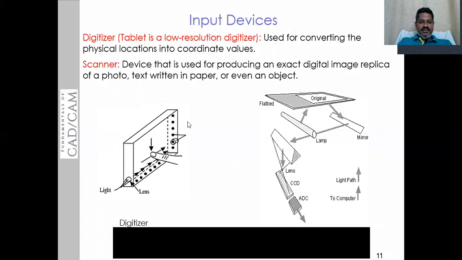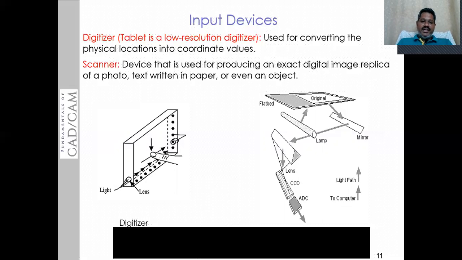Whenever you want to read the coordinates of a physical object, that may be a drawing sheet, so we want to measure the coordinates of the figure on the drawing sheet, we connect the digitizer terminal to a device which is moved on the physical object like a drawing sheet.